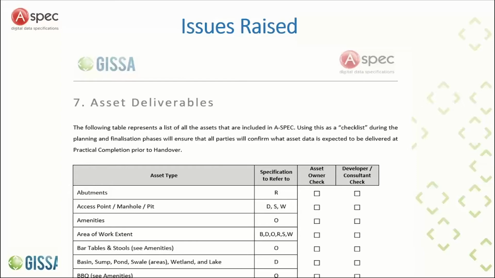But this gives you a sense that at the high level, when you're talking about a developer job or a capital project, the asset owner can use this to identify what assets are actually going to be delivered. And then you have a conversation with the developer to make sure that they understand it and sign off on it. We intend for this also to be included as an appendix in the overall A-SPEC document and to be used as part of the practical completion checklist prior to handover.